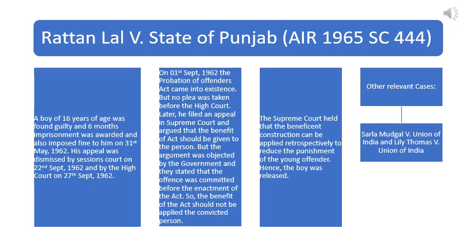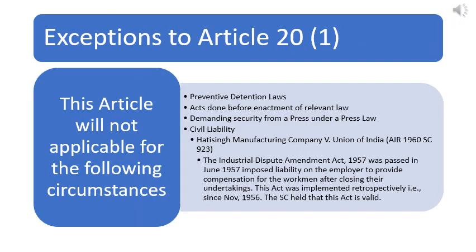Other relevant case laws are Sarla Mudgal versus Union of India and Lily Thomas versus Union of India. In law, we have some exceptions. Similarly, for Article 20 Clause 1 also, we have some exceptions. Article 20 Clause 1 does not apply to preventive detention laws, and acts done before the enactment of the relevant law.